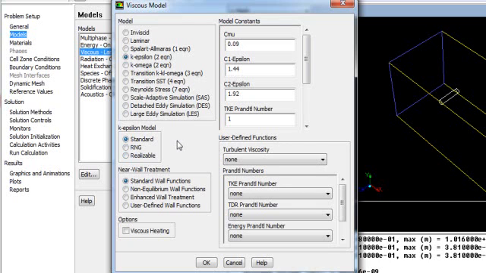If you know the problem setup, the problem definition, and the types of your problem, then you can use RNG and realizable. But if you don't know what specific type of problem you are trying to solve, always stick with standard K epsilon model.